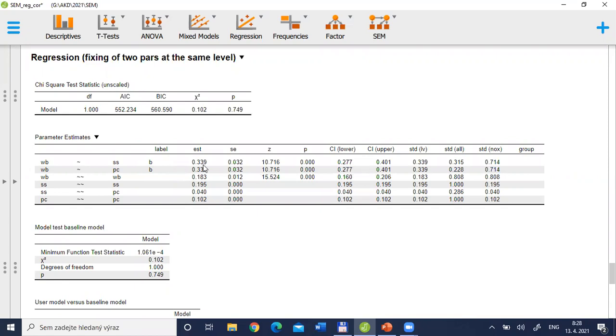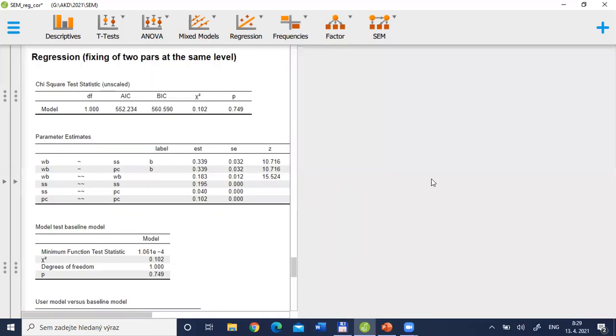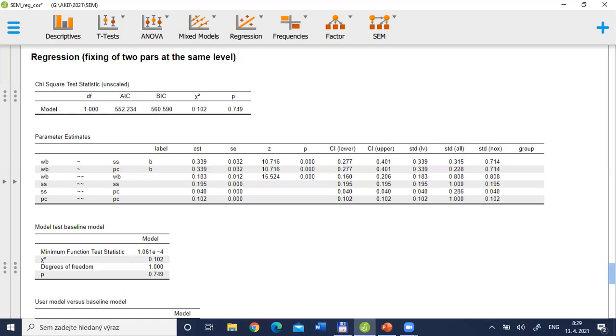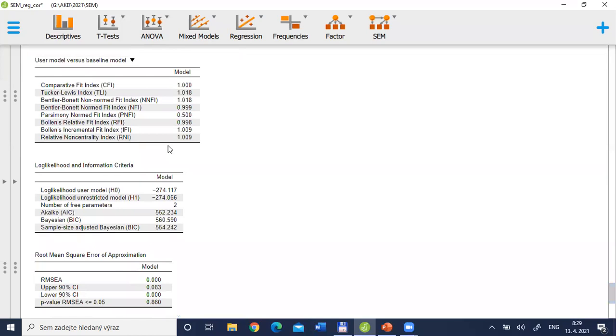So once again, the main goal here was to test if these two coefficients could be the same. And once again, if our data file would be bigger and if our model would be more complex, this chi-square test wouldn't help us to evaluate the model. So that's why we would skip to the next parts of the output, and we would evaluate CFIs, TLIs, etc. I would go through it only very quickly, as we don't need it here, but only to recap.